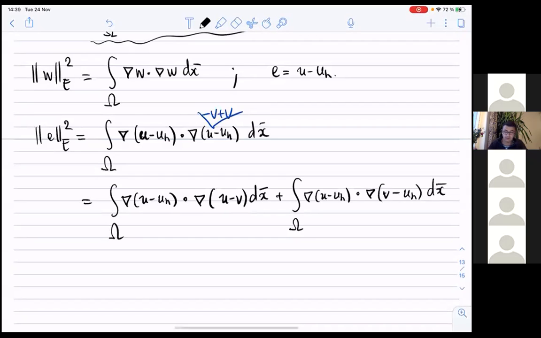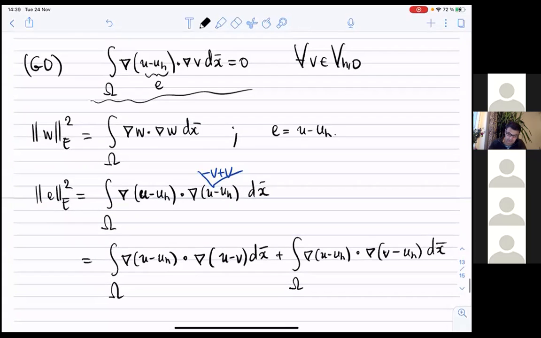And if you use Galerkin orthogonality, this was true for any v from the finite element space. And of course, this v minus uh is also an element from that finite element space Vh0. So because of that, this term is 0 due to Galerkin orthogonality.